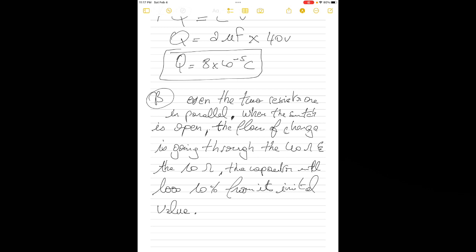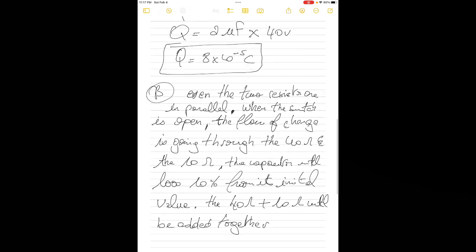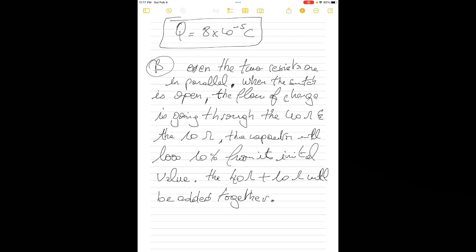The 40 ohms plus 10 ohms will be added together. So the resistance of the discharge is 50 ohms.